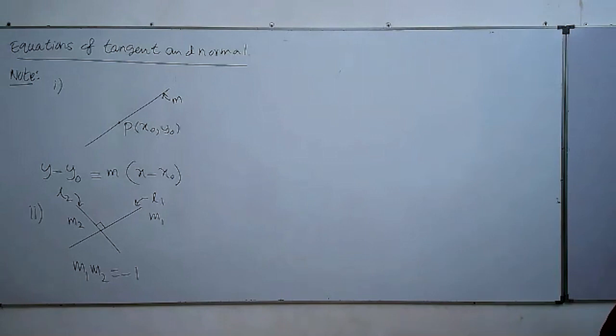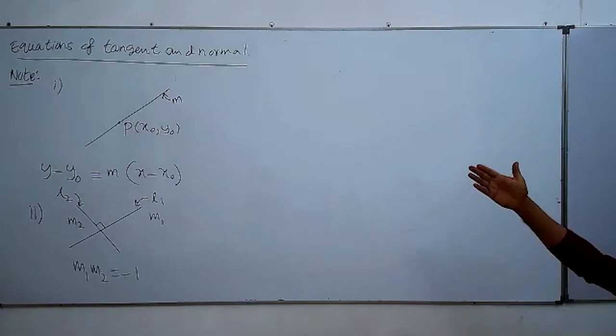The equation of the line with gradient m passing through the point P(x naught, y naught). That's note number one.